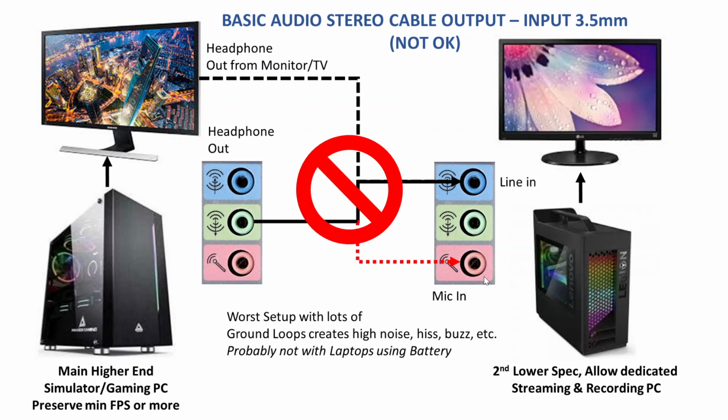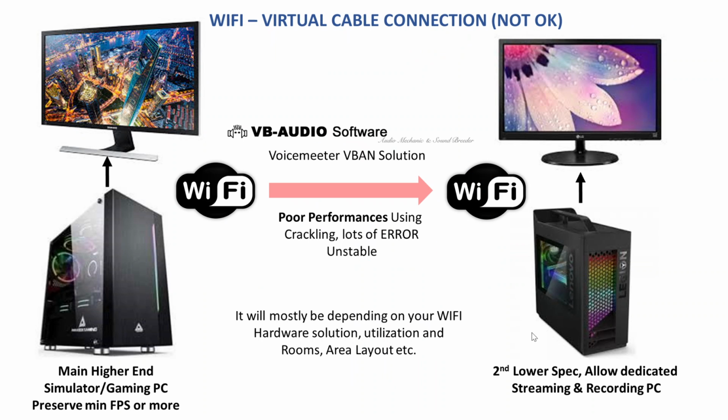So what's the option? I've been thinking, how could I eliminate this, right? The next step: because I'm using the software from VoiceMeeter, I found out that there is what we call VBAN. VBAN is a virtual cable through a network, so you can send audio, like streaming audio, to your local network. It's very convenient.